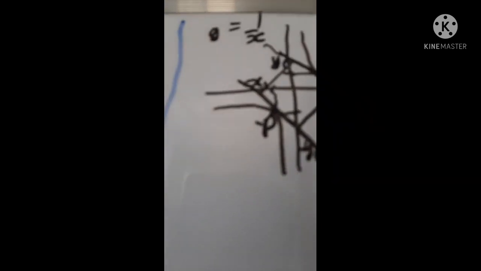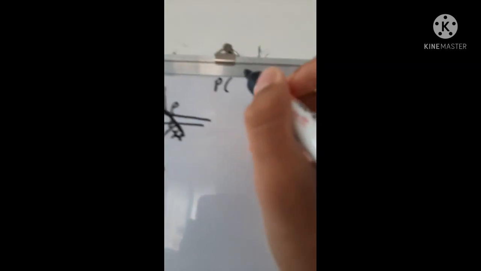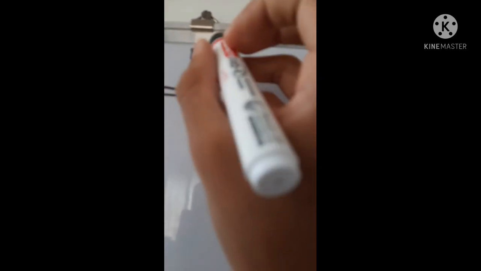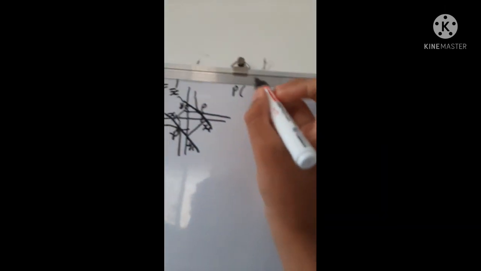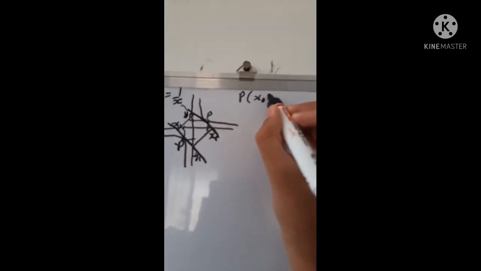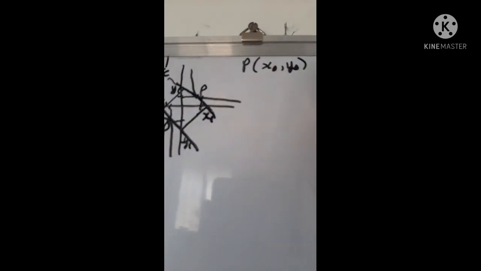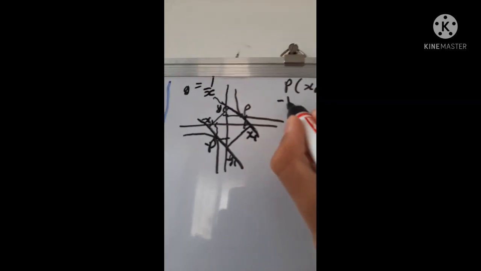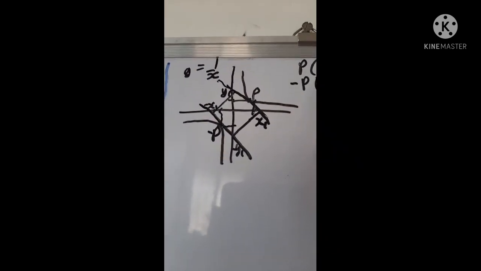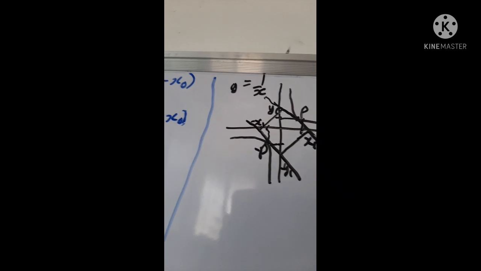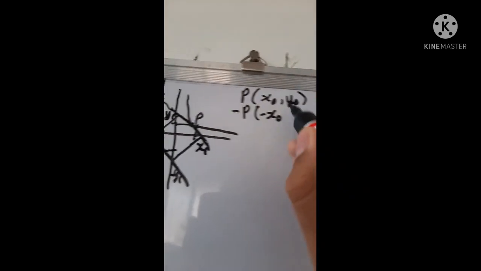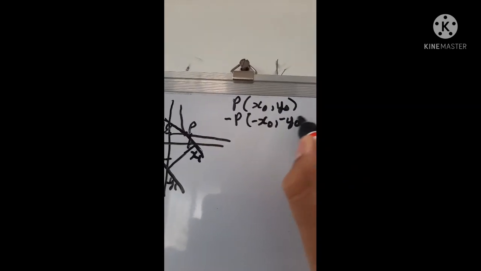Now this point here, I'm just going to give the coordinates. So P has the coordinates x naught, y naught. And minus P therefore has the coordinates minus x naught and minus y naught.